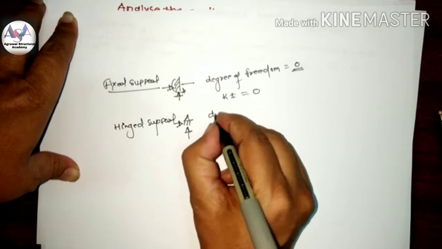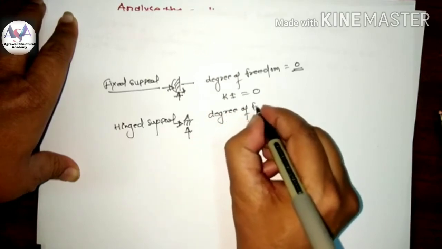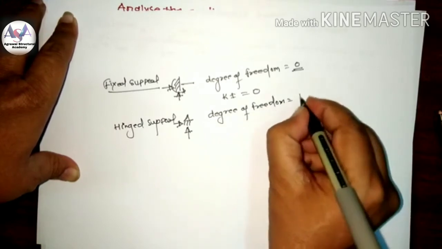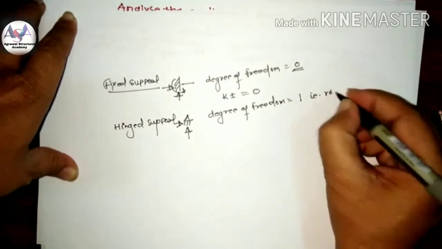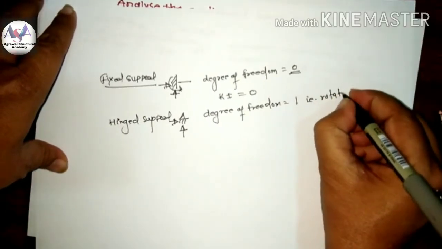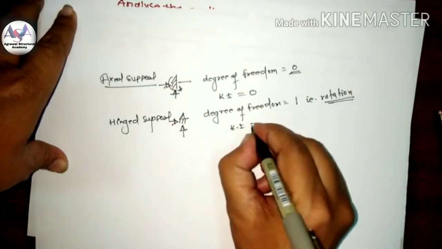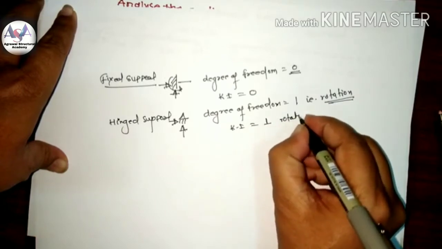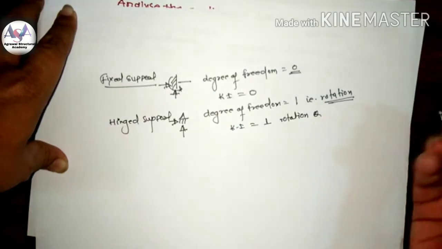So the degree of freedom is 1, and that is the rotation. That is why the Ki is equal to 1, and that rotation we take as theta, that may be theta A, B, C, D.